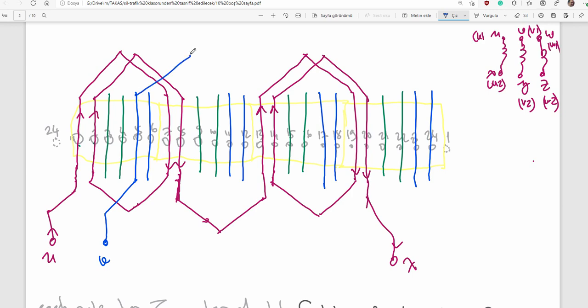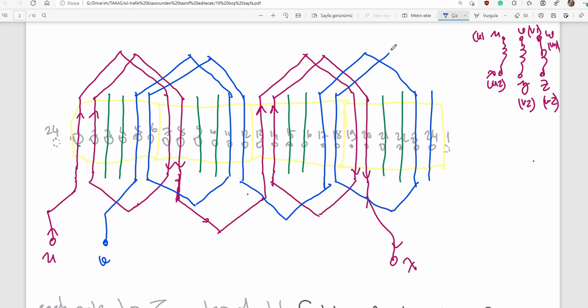Now, connect, jump to the second coil, connect, jump to the subcoil, and terminate the coil. That is the termination.